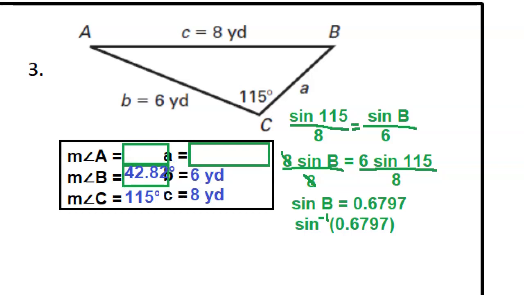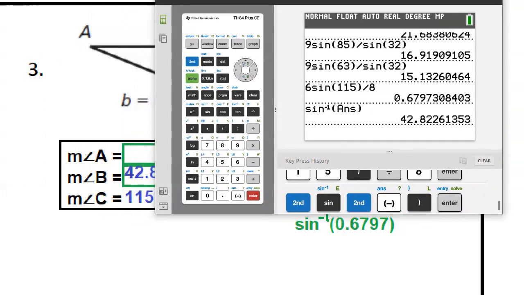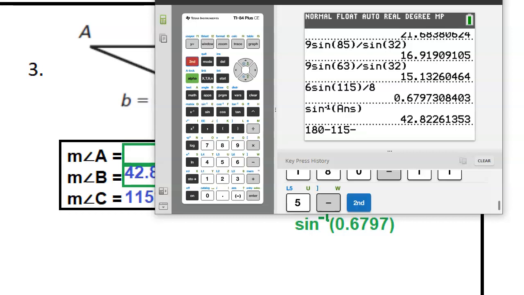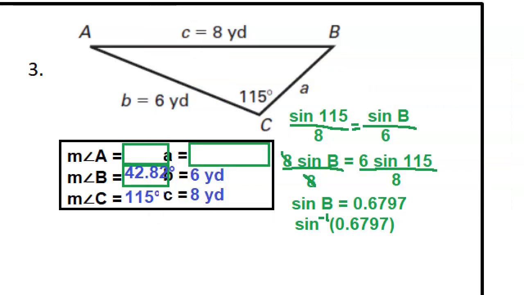So now we have the complete story of C and we have the complete story of B. We're going to need to figure out A. So now that we know that, why don't we do 180 minus 115 minus angle B? And that will give us the number of remaining degrees, which is 22.18. And that is my angle A.